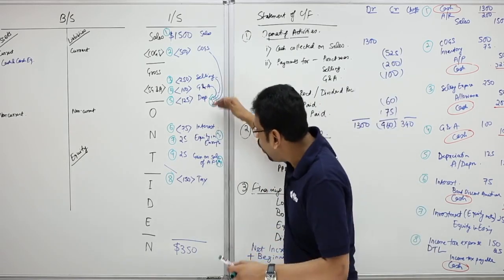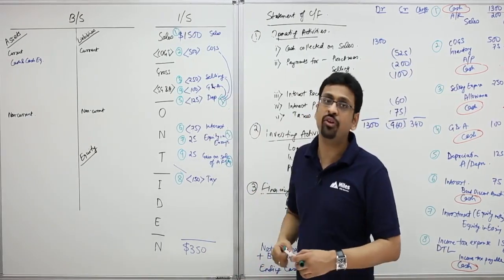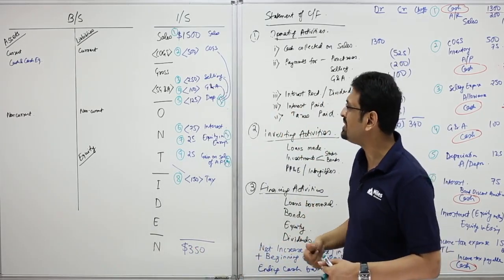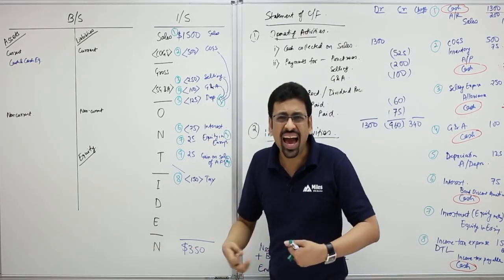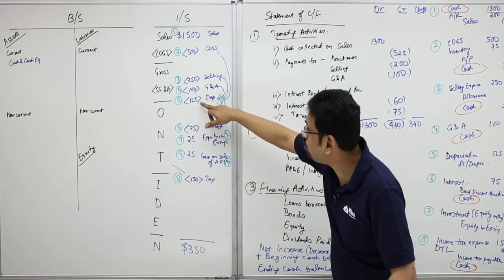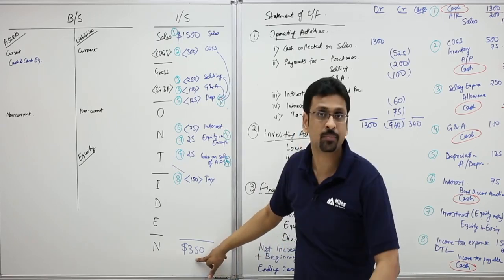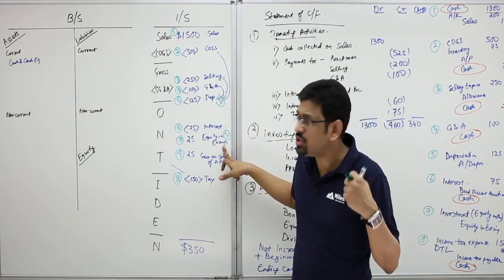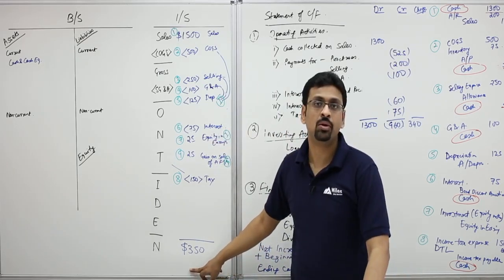What we'll do is all these items, now we'll take it out of net income. So guys, we'll start with net income and we'll make an adjustment. We will say this depreciation, the cash didn't go out. So we're going to add back 125 to 350. So this was a subtract here. We're going to add it back. Looking at equity in earnings, we didn't get that in cash. So we're going to subtract it from here.